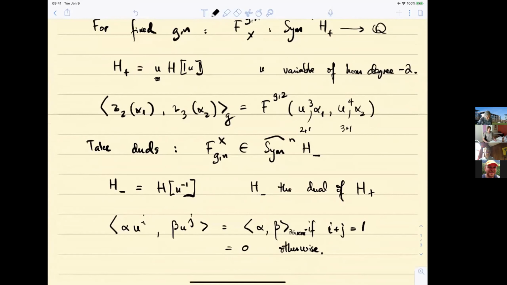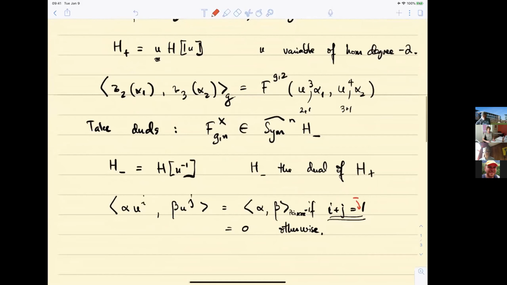And so H is self-dual, and I'm pairing U to the I with U to the J using this particular convention that I only pair them when I plus J is 1. This is slightly different from the conventions that Givental would use. Givental would say take the residue pairing, where instead of 1, he would take -1. But I prefer to use the 1 for reasons that are kind of irrelevant at this moment.